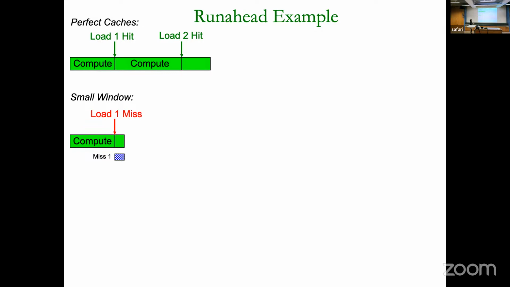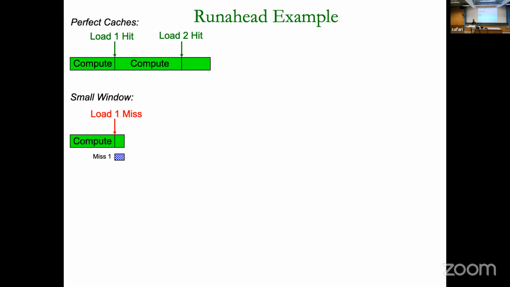By the time it comes back, you can still execute for a few more cycles because you have some out-of-order window left, right? Your instruction is the oldest instruction at the head of the ROB, but you probably still have some entries left in the ROB. So you can still fetch some new instructions.